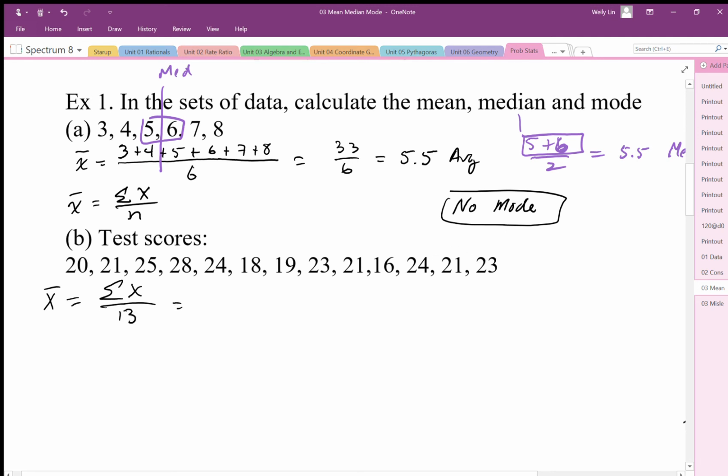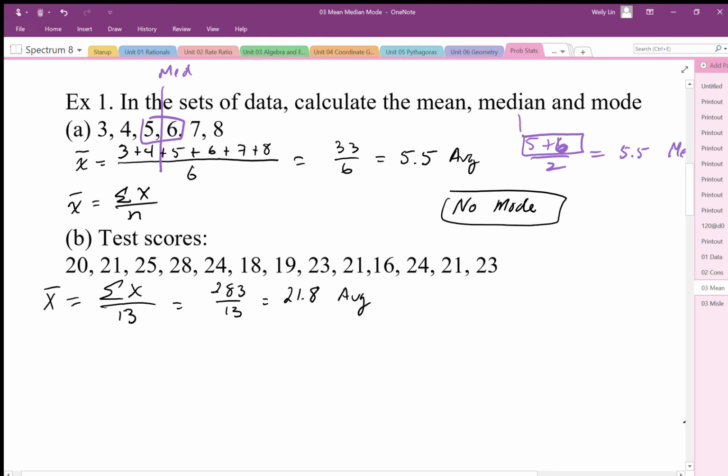If we add up all these scores, the sum is 283, and 283 over 13 gives us the mean. The average score is 21 point, let's round that to 21.8. That represents my average, or the mean.